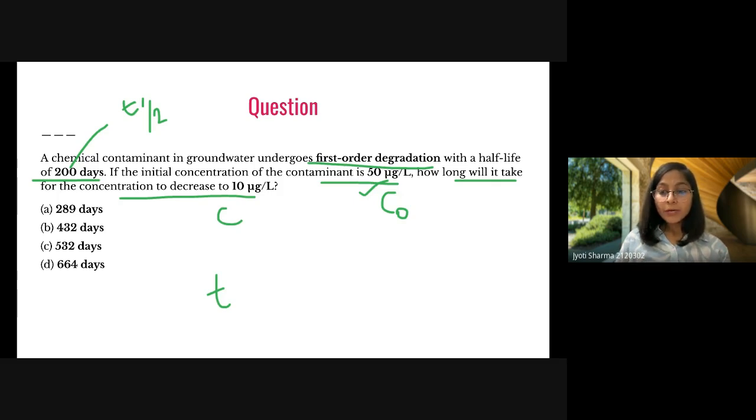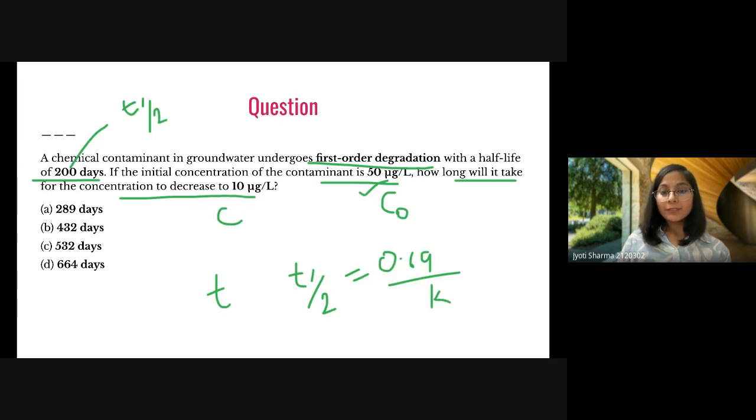So what you need to calculate is time t, and this is a first order reaction. So first thing, you should remember the integrated form of your first order reaction. Based on that you can calculate this. We know that the half life is equal to 0.69 upon k, that is the rate constant.